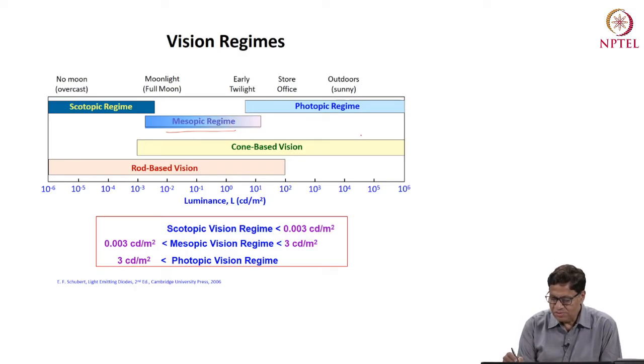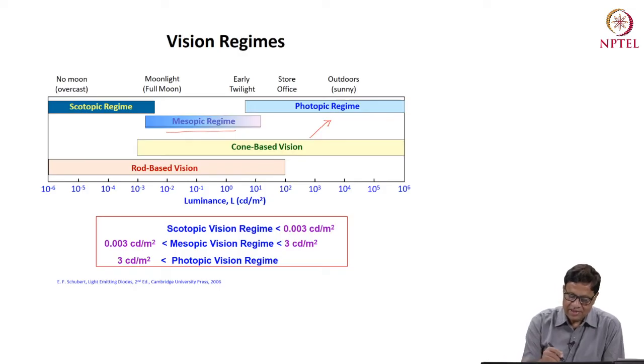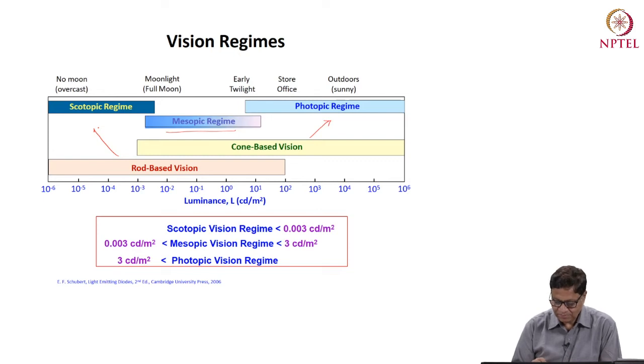The eye has two types of photoreceptors: cones and rods. Cones are sensitive to the photopic regime, where the light intensity is high, and rods are sensitive to the scotopic regime, where the light is very low. The scotopic region is less than 0.003 candela per meter square, mesopic lies between 0.003 and 3 candela per meter square, whereas the photopic region is greater than 3 candela per meter square.